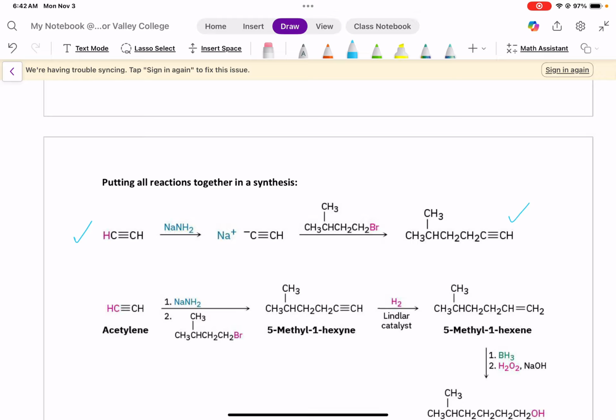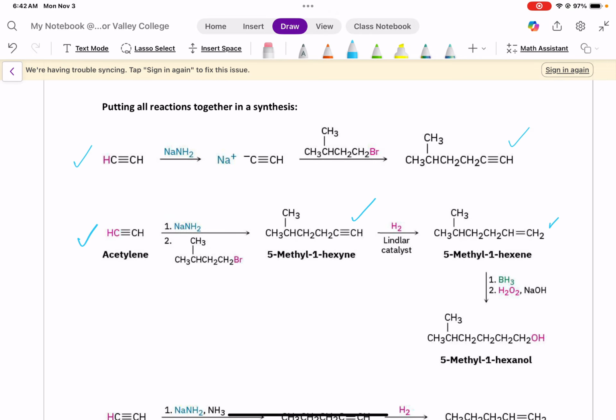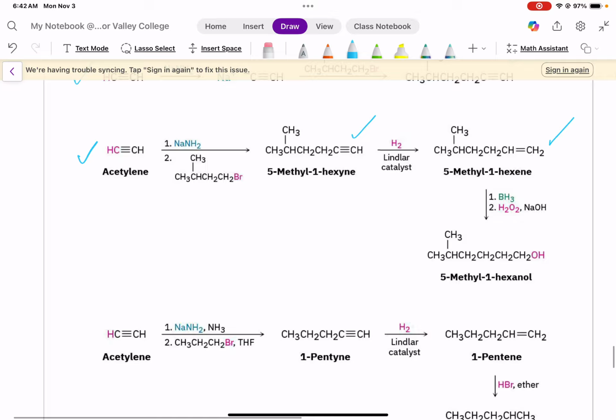And then we can also do acetylene again and get an alkyne, and then we can reduce the alkyne the way we want. Like Lindlar catalyst, just stop at alkene, and then we can do hydroboration, either Markovnikov, or in this case it's anti-Markovnikov, to get the terminal alcohol. In this case it's a primary alcohol.